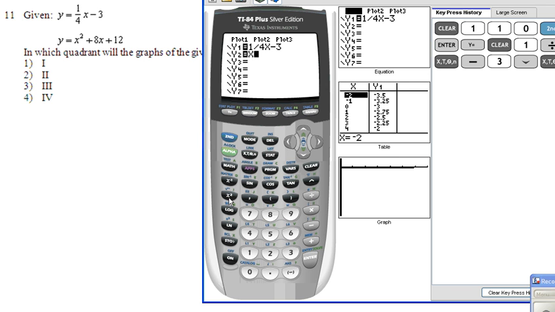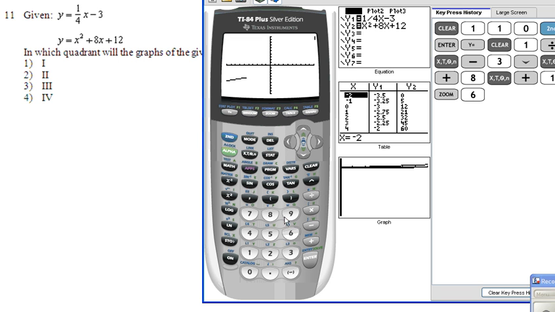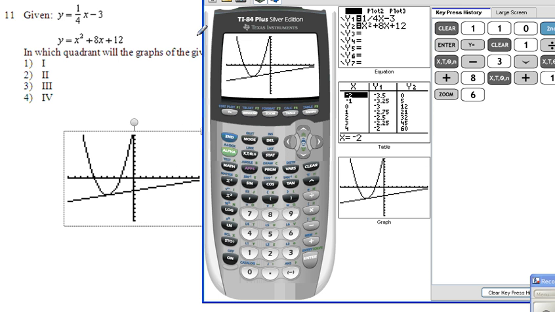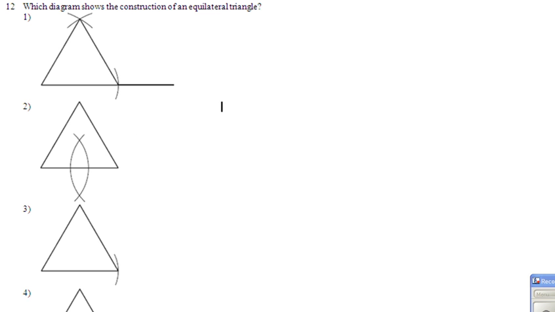The second one is x squared plus 8x plus 12. Now, the best thing is to go for ZoomStandard, number 6 right here, then that will be the linear line, and there it goes. How about that? So as you can see, this will be the intersection in the third quadrant. So number 3 will be our answer.